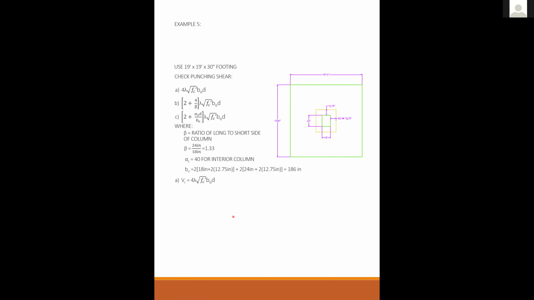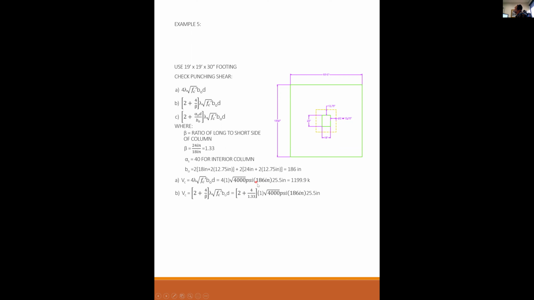Okay. So case A is 4 square root f'c b0 d. Lambda again is taken as 1. 4 square root f'c b0 d equals 1199.9 kips. Case 2 is the same thing, but 2 plus 4 over beta.